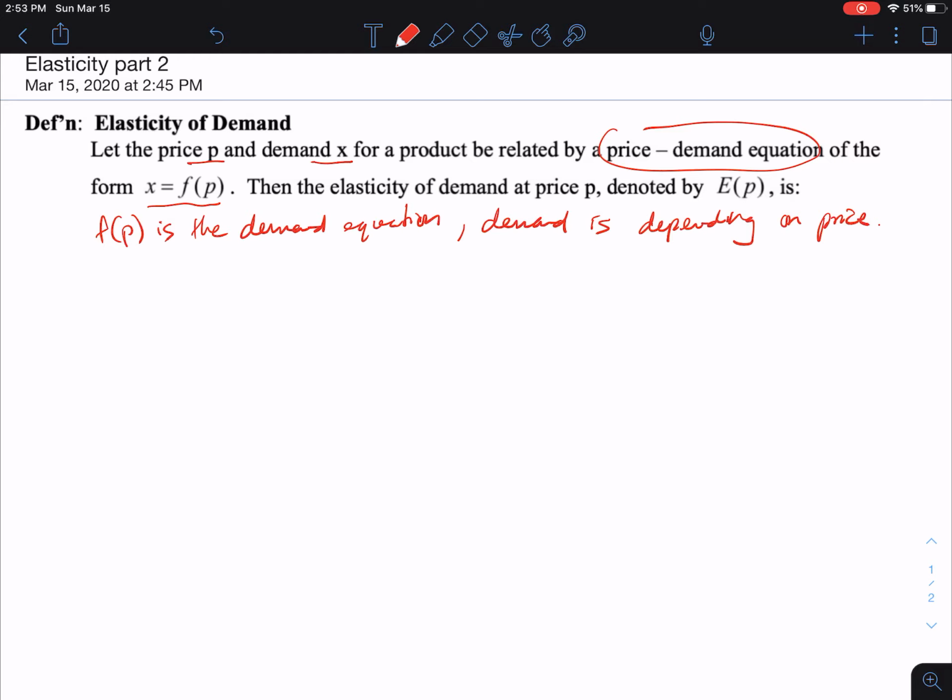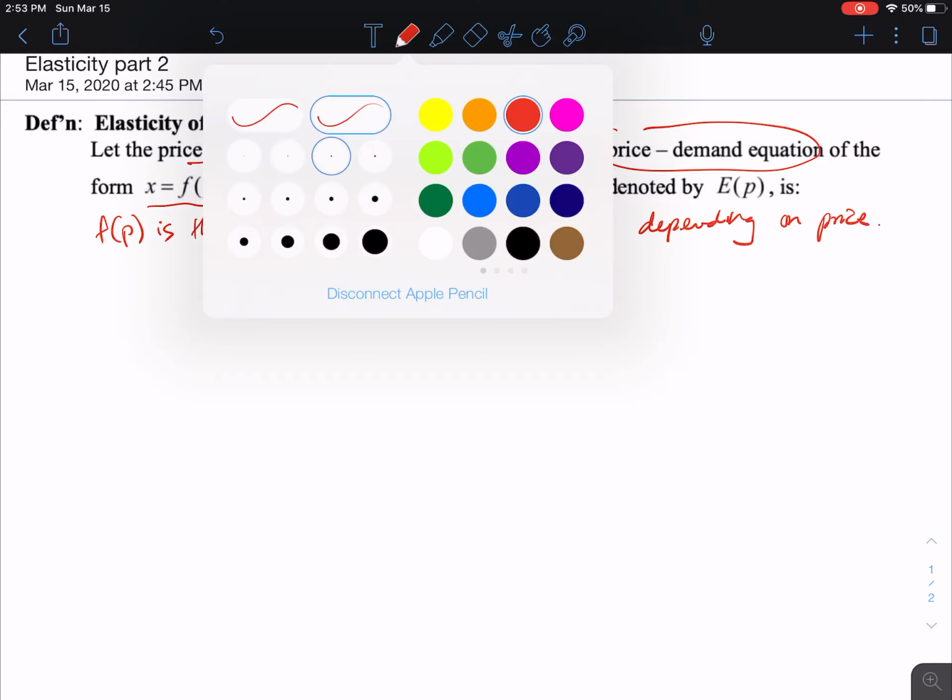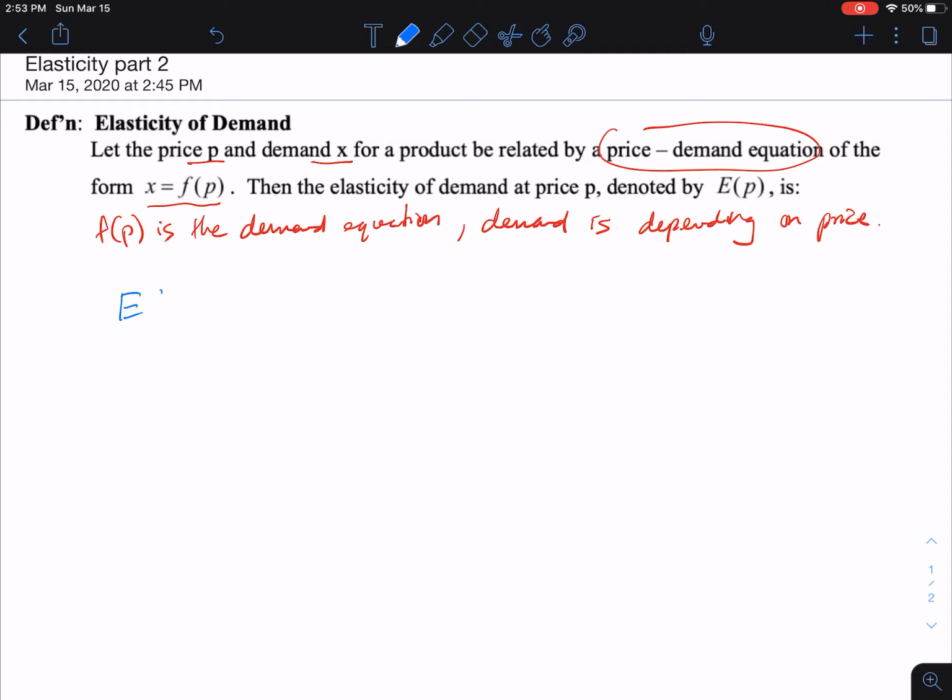Okay, so if that's what we're given, we're going to define E of P itself as the elasticity of demand of that product at the current price P. And the formula is the following.